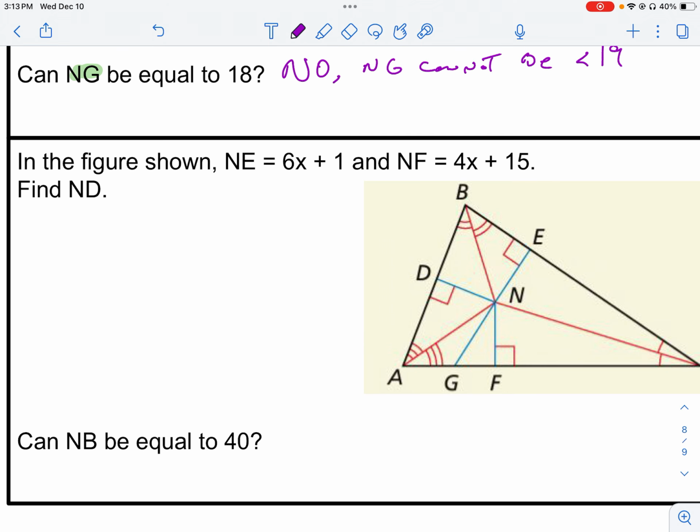So go ahead, pause the video, solve for ND, and then restart and we'll see how you did. Okay, so we have three angle bisectors, N's an incenter, so NE, NF, and ND are all equidistant, so they're going to equal each other.